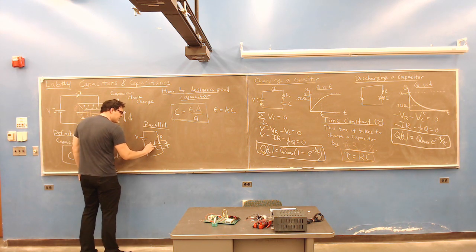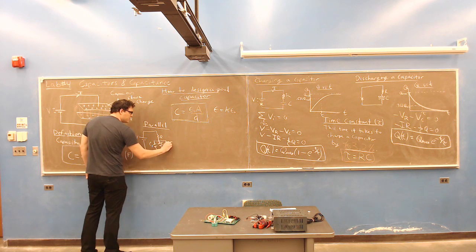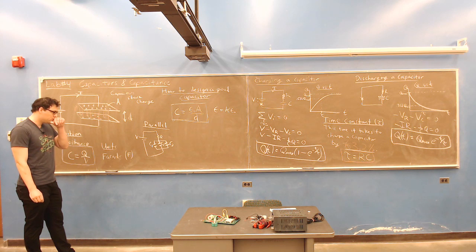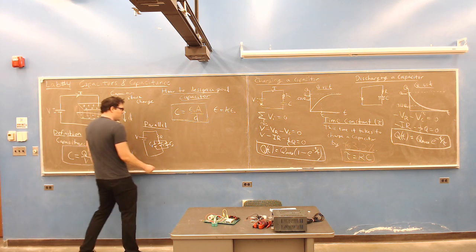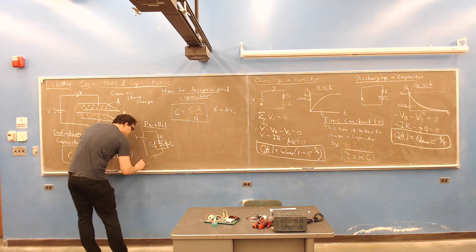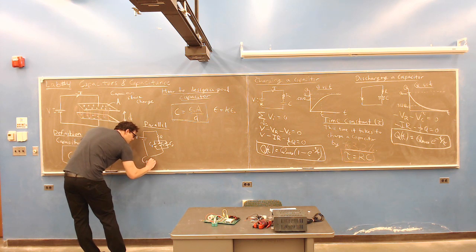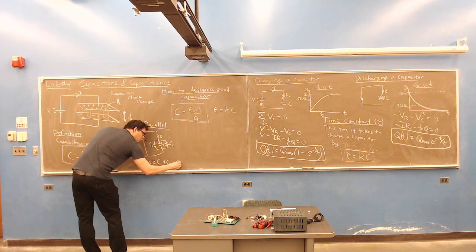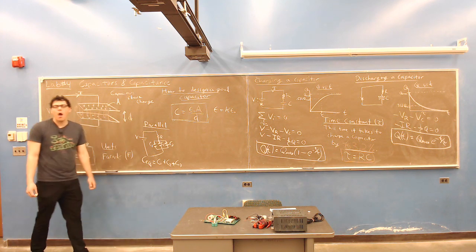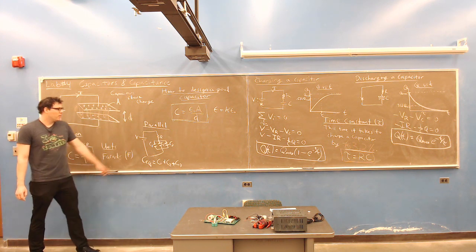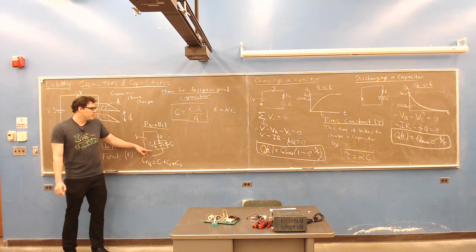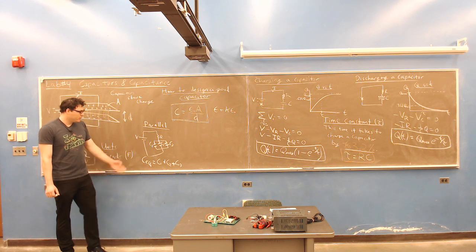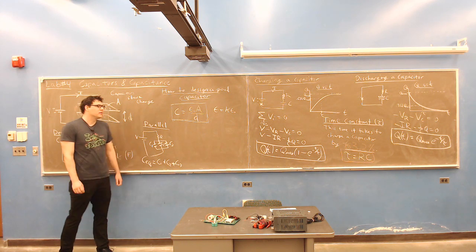This one has capacitance C1, this one has capacitance C2, and this one has capacitance C3. And the equivalent capacitance for this is simply C1 plus C2 plus C3. So in parallel, if you want to find the equivalent capacitance of this parallel set of capacitors, what you do is simply add up the 3 capacitors.